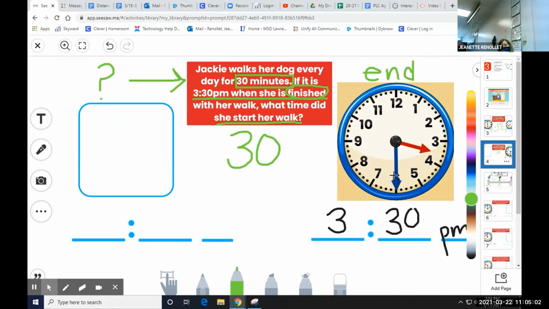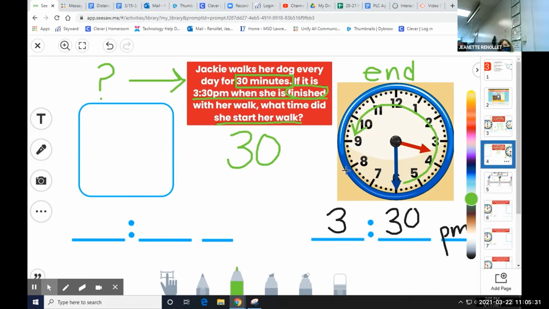I know that the hands on an analog clock always move clockwise, which means they go to the right. This is how the time is shown on the clock. But when we are trying to figure out when something started, we might need to move the hands backwards to figure out when something started or began.